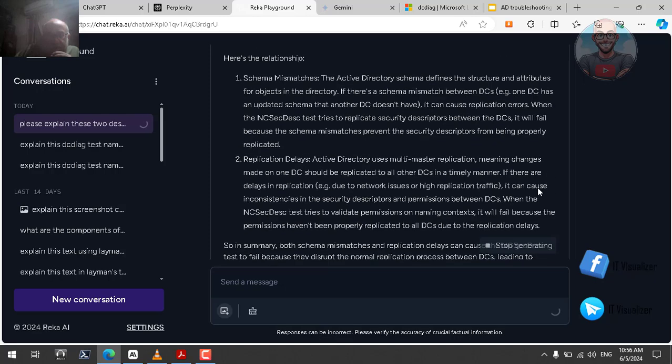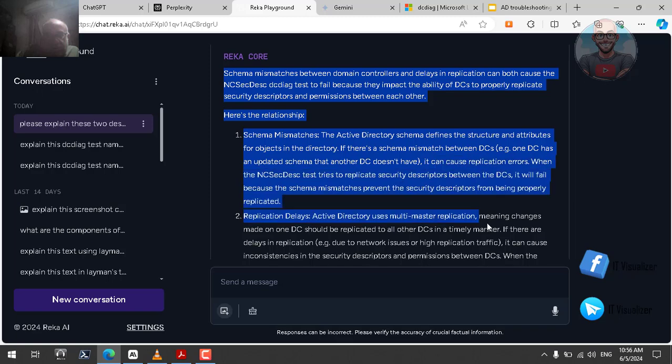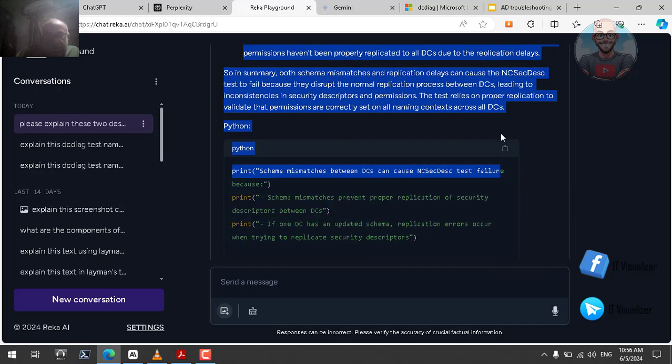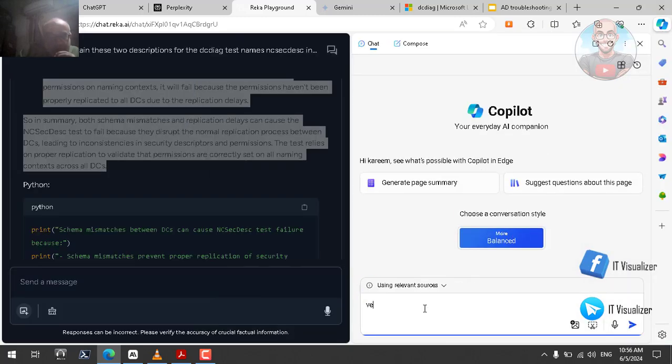Anyway, let's read the answer after he finishes. He's saying that schema mismatch between domain controllers and delays in... Okay, he finished. Just wait, before reading it, let's verify it is correct. Let me ask it to give the sources and verify if this answer is correct.